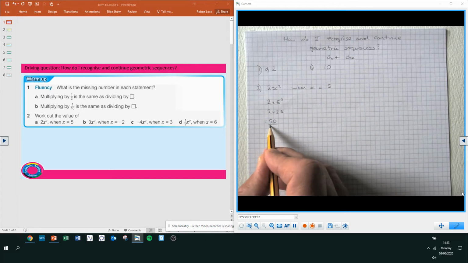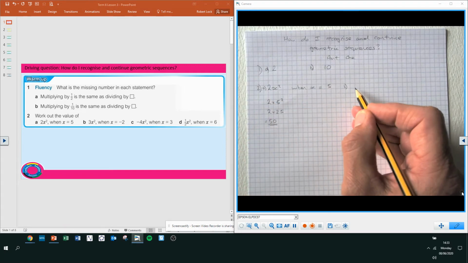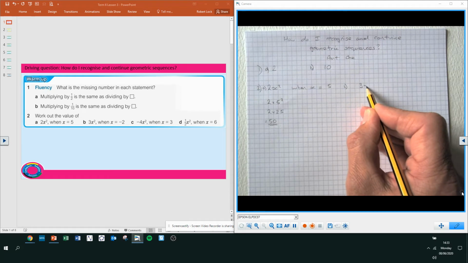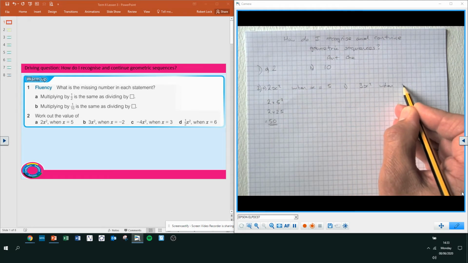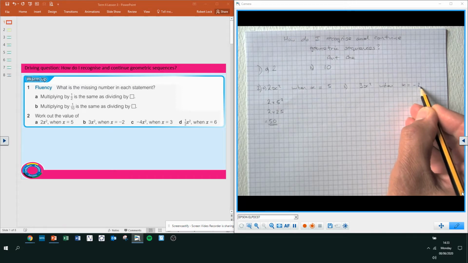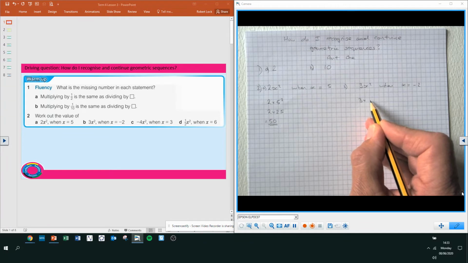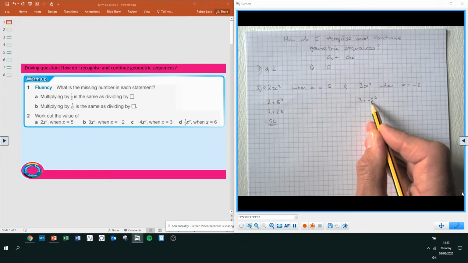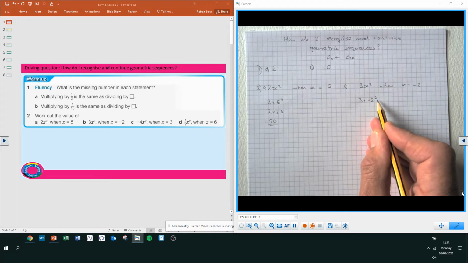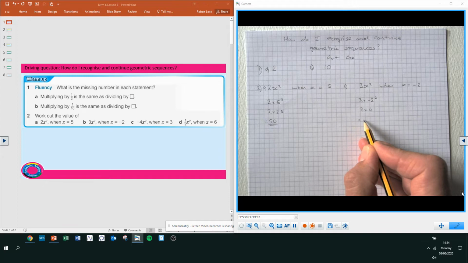So the answer is 50 for A. B. 3x squared when x equals -2. So substitute the values into our expression here. 3 times -2 squared. -2 times -2 is 4. So 3 times 4 equals 12.